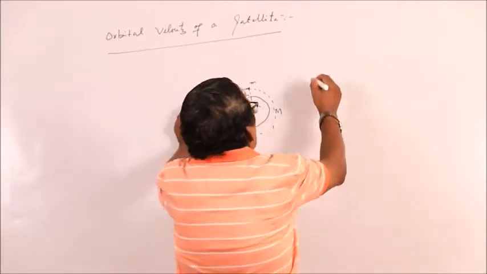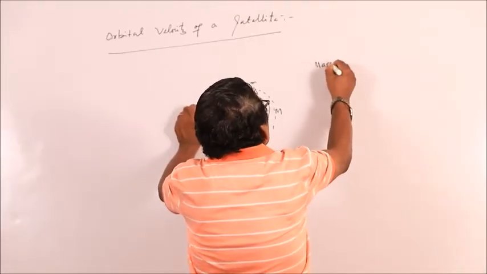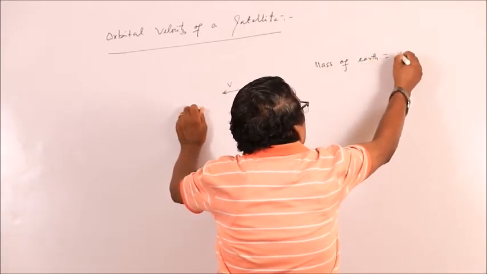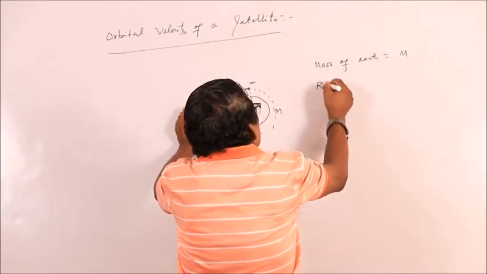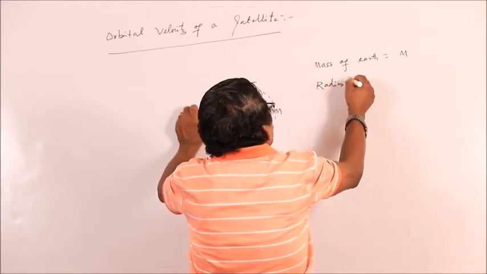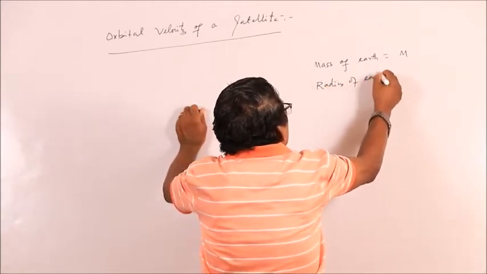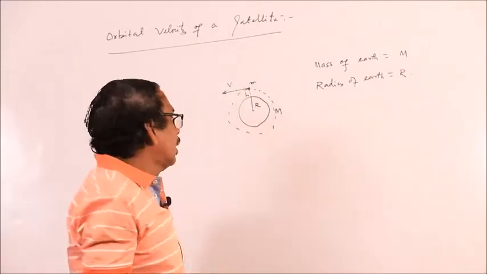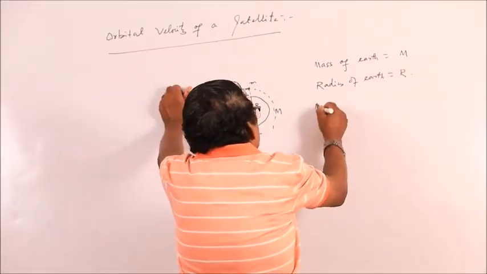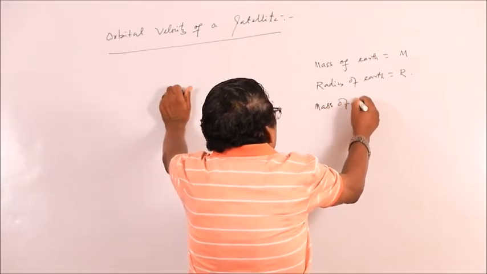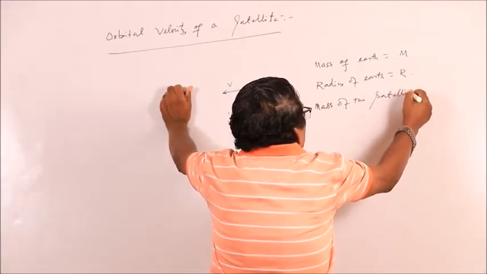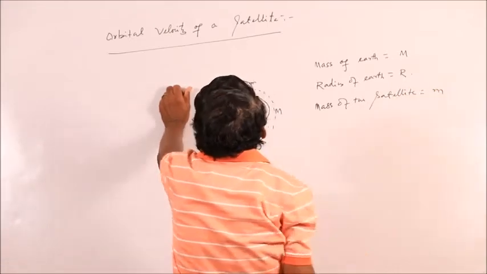Mass of Earth is equal to capital M. Radius of Earth is equal to capital R. Mass of the satellite, small m.